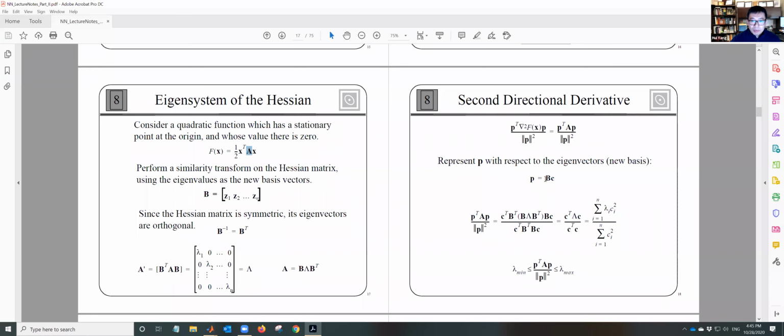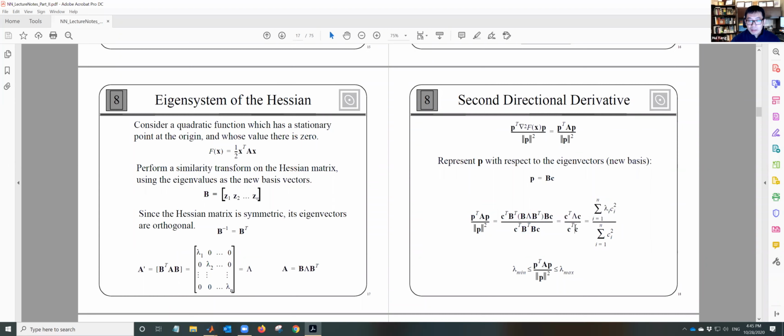Now, if you put BC into this equation, it will become C transpose B transpose, lambda, and B, C. You see, B transpose B, they are orthogonal, right? B is orthogonal, eigenvector is orthogonal. So B transpose B is an identity matrix.